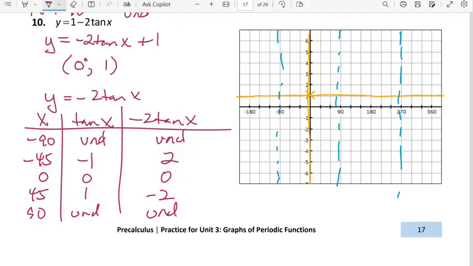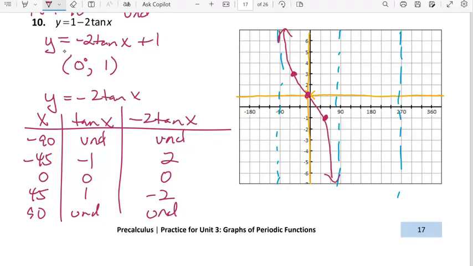And now let's graph from that new origin, 45 to the left of the new origin and up 2, 0, 0, 45 to the right of the origin, and 2 down from that new origin. Make sure that you're graphing from the new origin and not from the old one.